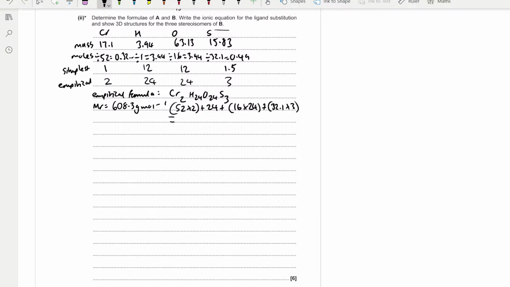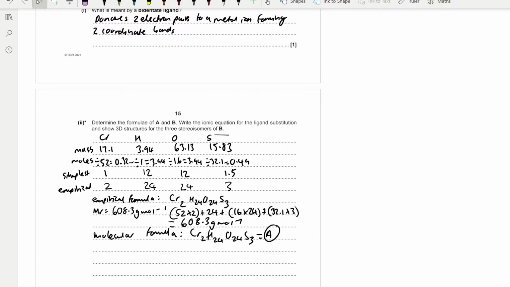Always show your working. So our empirical formula is equal to our molecular formula. And then that is our formula of A, which I like to circle to make it obvious to the examiner.